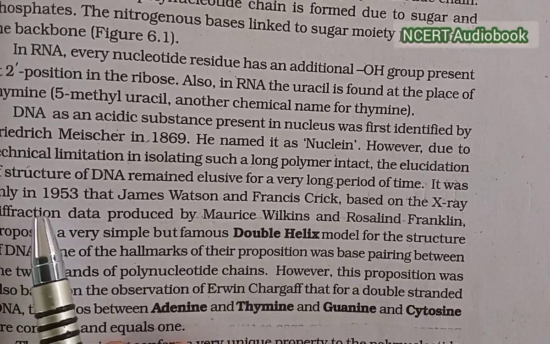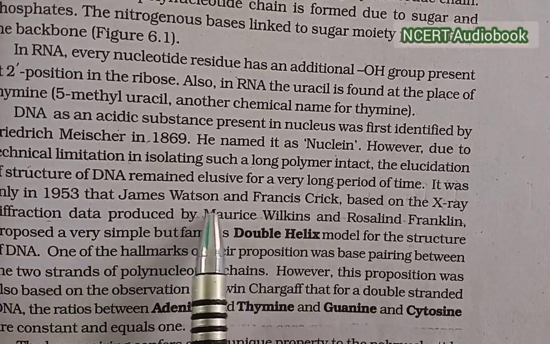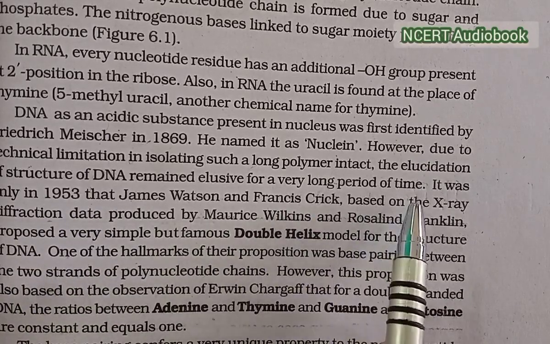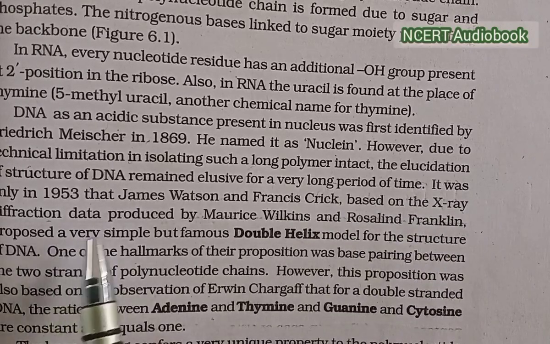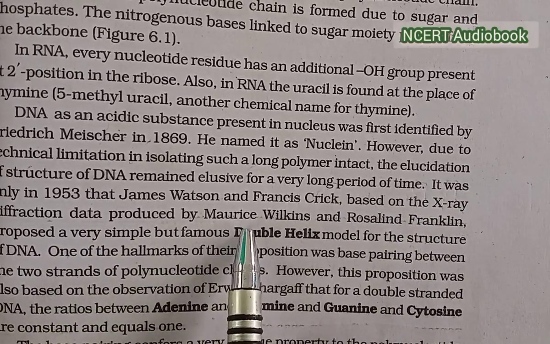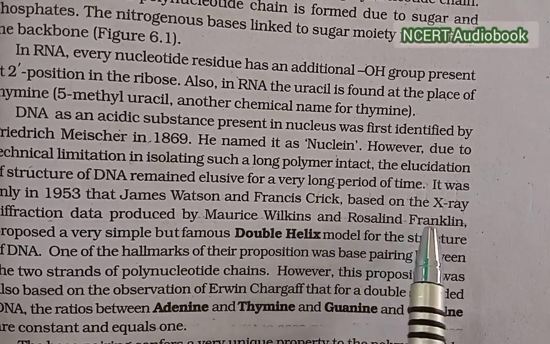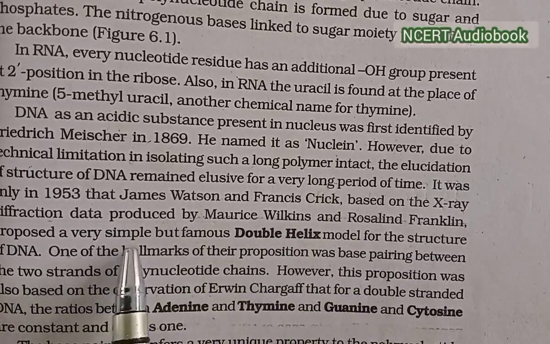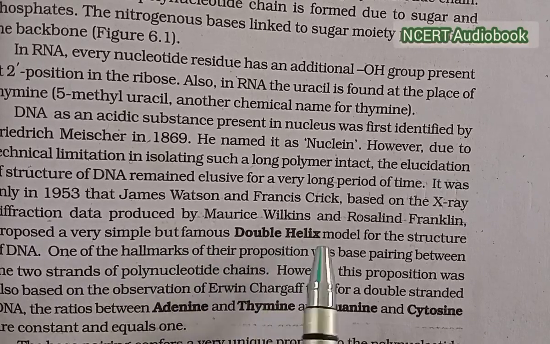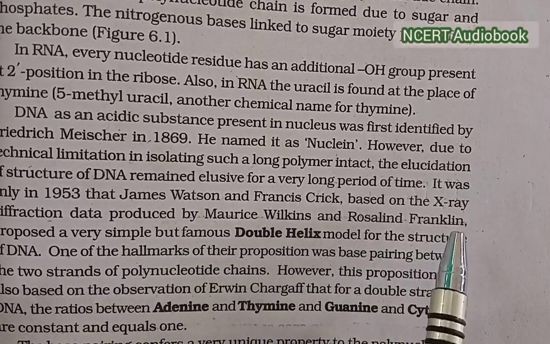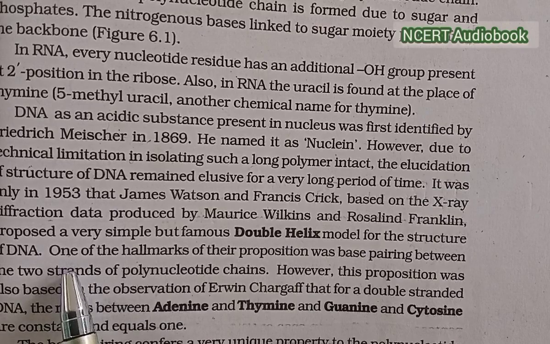It was only in 1953 that James Watson and Francis Crick, based on the X-ray diffraction data produced by Maurice Wilkins and Rosalind Franklin, proposed a very simple but famous double helix model for the structure of DNA.